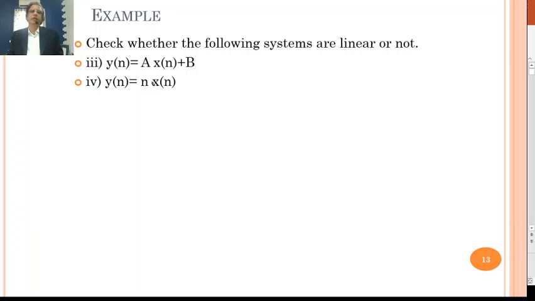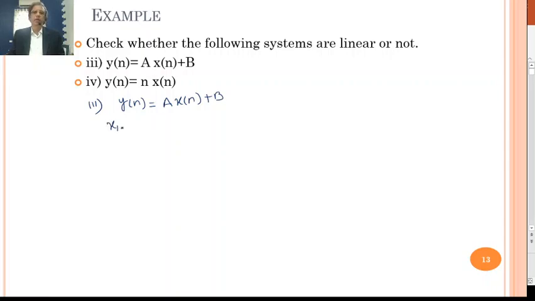Then here is another example, and these systems are discrete time systems. Check whether the following systems are linear or non-linear. Now first, yn is equal to a xn plus b.